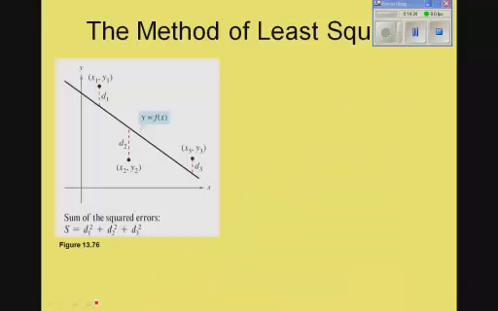See, here's a line that doesn't hit any of those 3 data points. But what we have is error. There's positive error here, negative error there, and positive error there. And when you subtract, what is this? This is x3 comma f of x3, if this is the line y equals f of x.